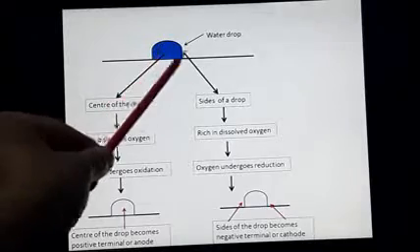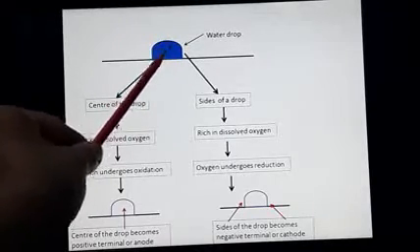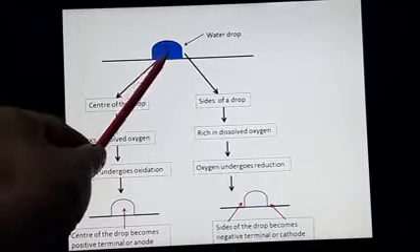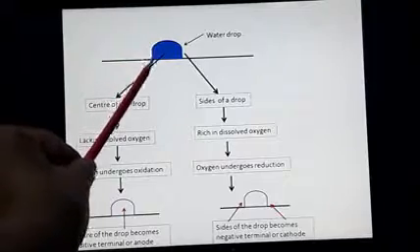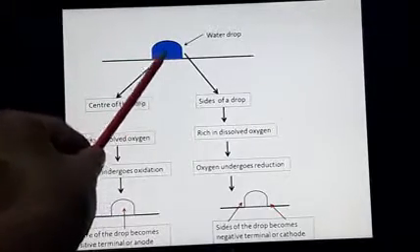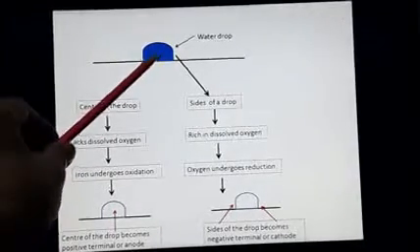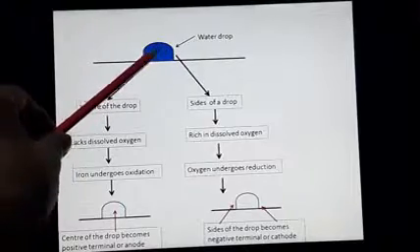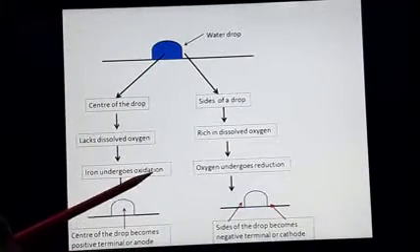Two parts of the surfaces of the drop you have to see. The inside of the drop has no oxygen, because the oxygen is outside, and therefore the oxygen will be dissolved at the edges of the water drop. Since there is no oxygen here, the center of the drop lacks oxygen, and here iron starts giving away electrons, and iron undergoes oxidation.